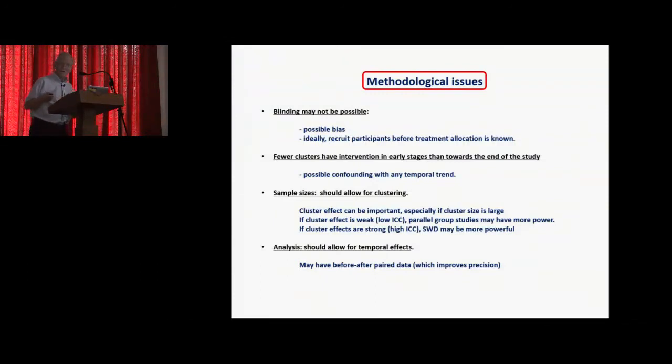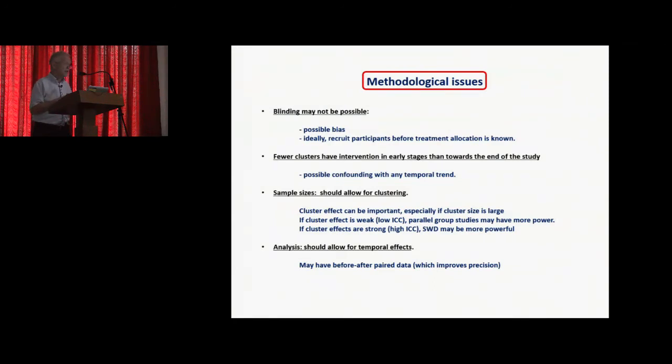Now another problem is that few clusters have the intervention early on compared to later. So you have this confounding. I raised that question before. So you have more studies that have moved over towards the end of the study. And so you've got confounding with any temporal trend.